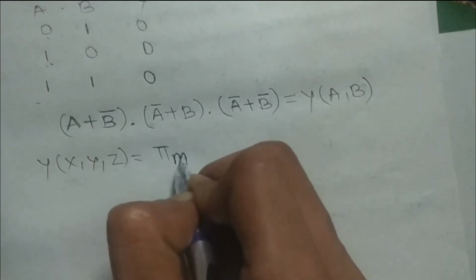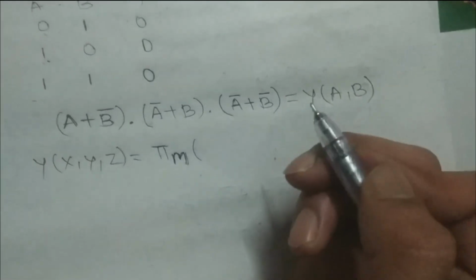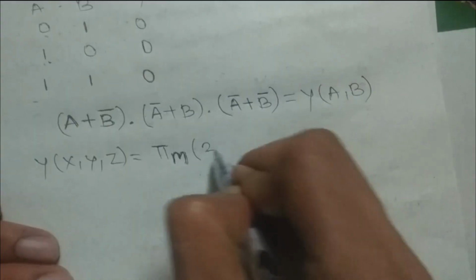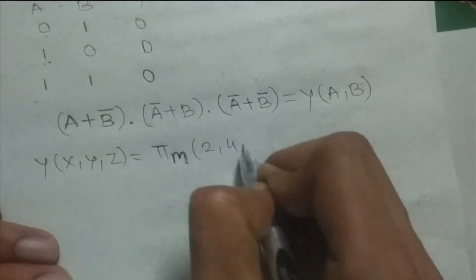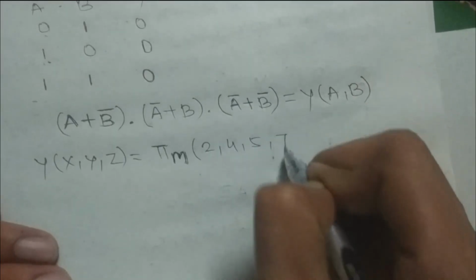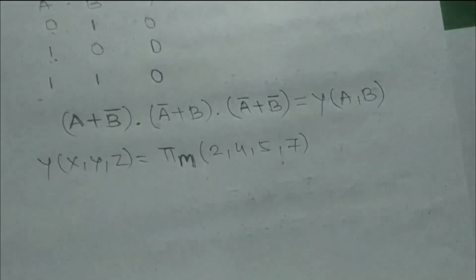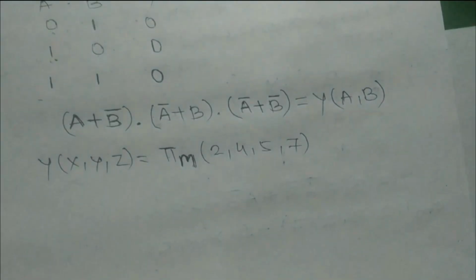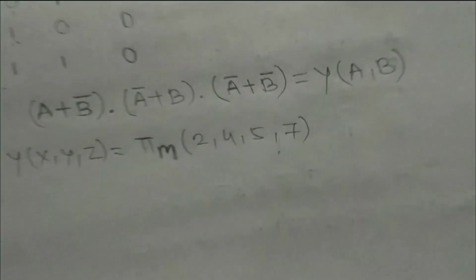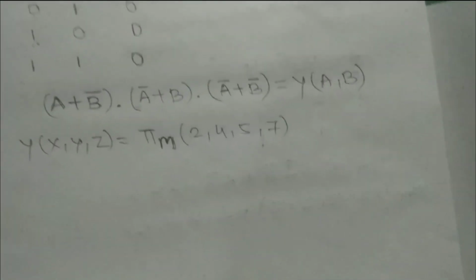Pi of M equals, suppose, 2, 4, 5 and 7. These are the terms for which the output is low. This is how it is represented.